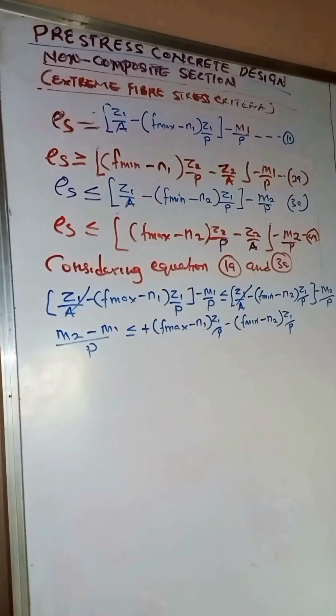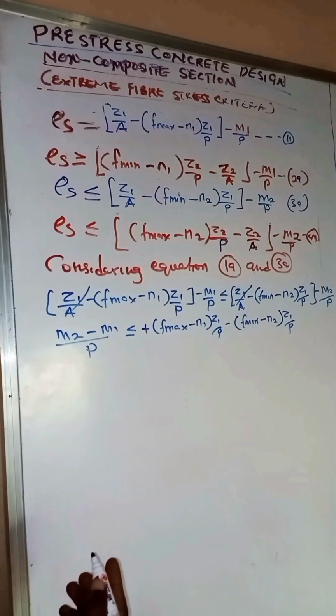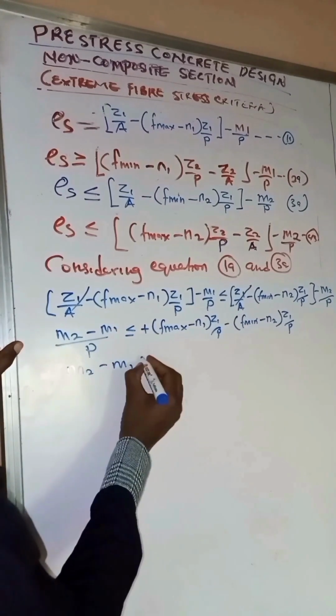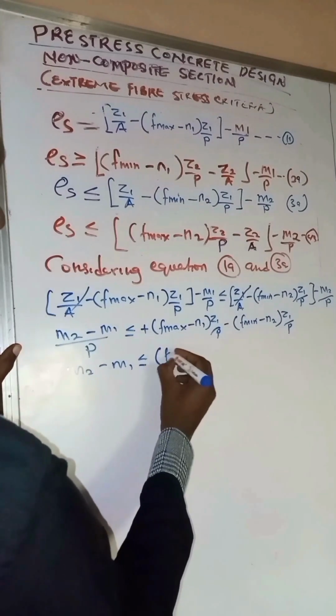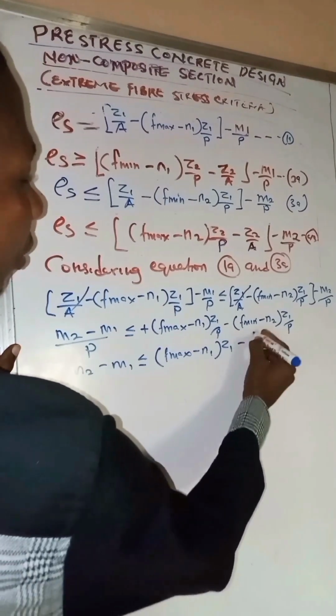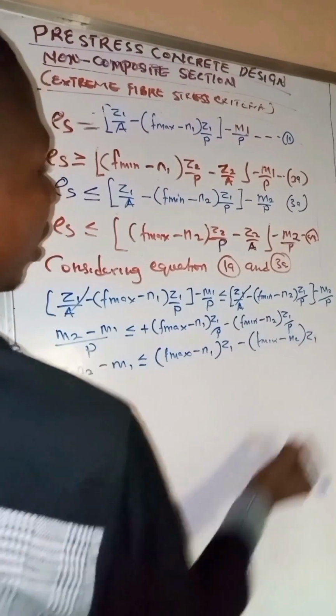Okay, so looking at both sides of the equation, we have P on both sides. So multiplying both sides by P, M2 minus M1 less than (F maximum minus N1) Z1 minus (F minimum minus N2) Z1.